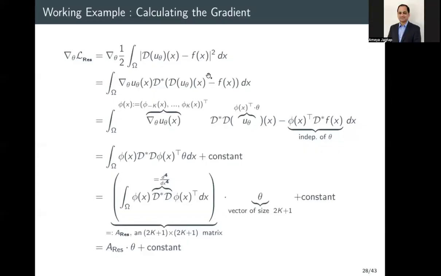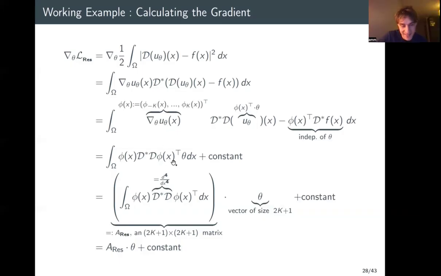And then once you do that, you're going to have a 2 that pops out, which is going to be killed by this 1/2. And then you're going to take the gradient of theta with respect to this quantity over here. And here you're going to do the chain rule again. So you're going to compute the gradient of theta with respect to u applied to the gradient of D with respect to the input, which is, since you're going to transpose, that's appearing. Maybe the way you have written it was confusing, but yeah, it's clear now.